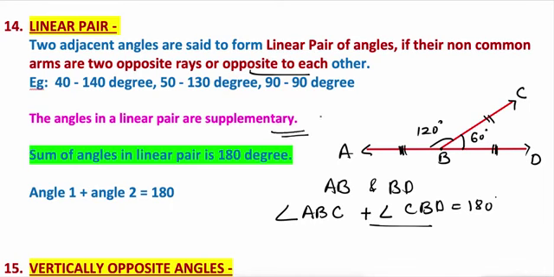That means angle 1 plus angle 2 is equal to 180 degrees. The sum of the angles in a linear pair is always 180 degrees, and they are supplements of each other. So two supplementary angles are always in a linear pair because their non-common arms are opposite to each other.